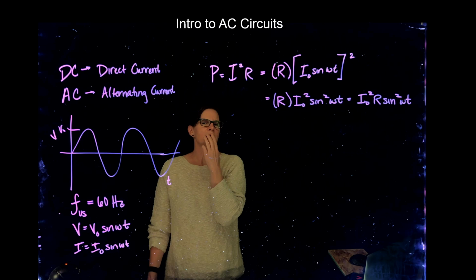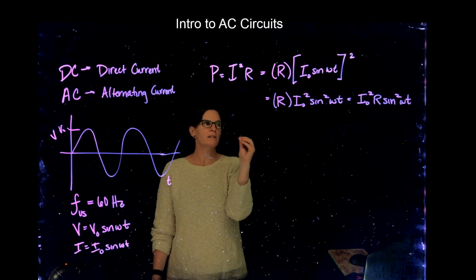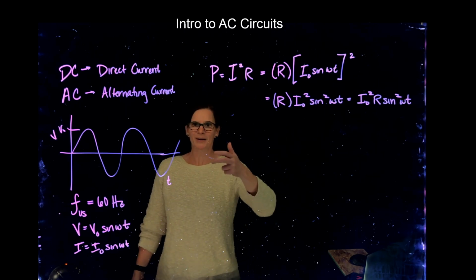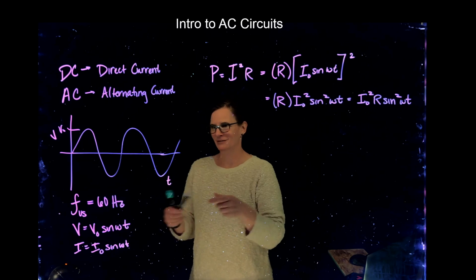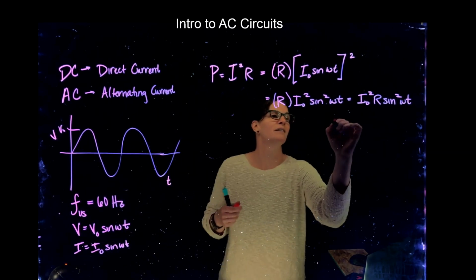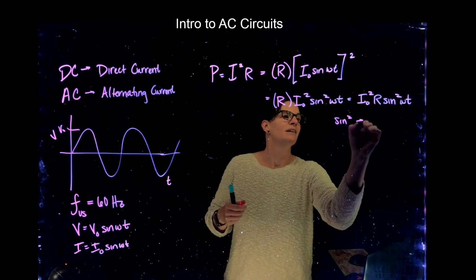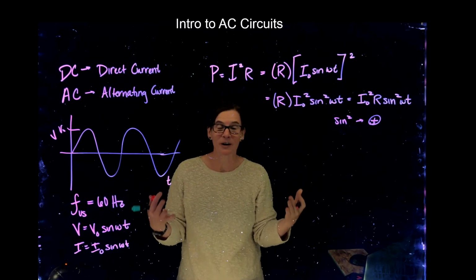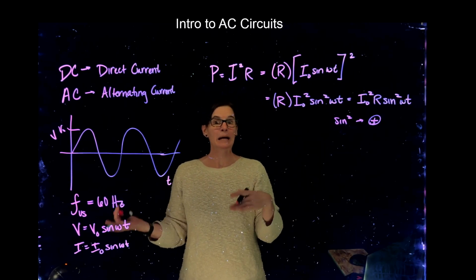So what does that tell us about power? Well, power is a function of sine squared. And sine squared is always positive, right? So if I square the sine function, it is always positive. So our average power is actually positive.